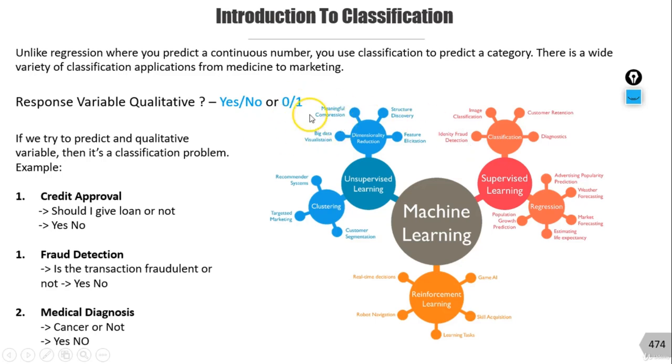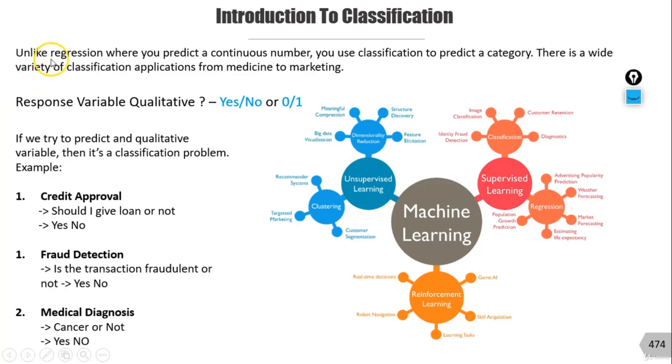It can be written as 0 or 1, or as yes or no, but from the dependent variable you can identify whether this is a regression or a classification problem. And once you identify it is classification, you have to apply different kinds of algorithms, which we will discuss in our next lesson.